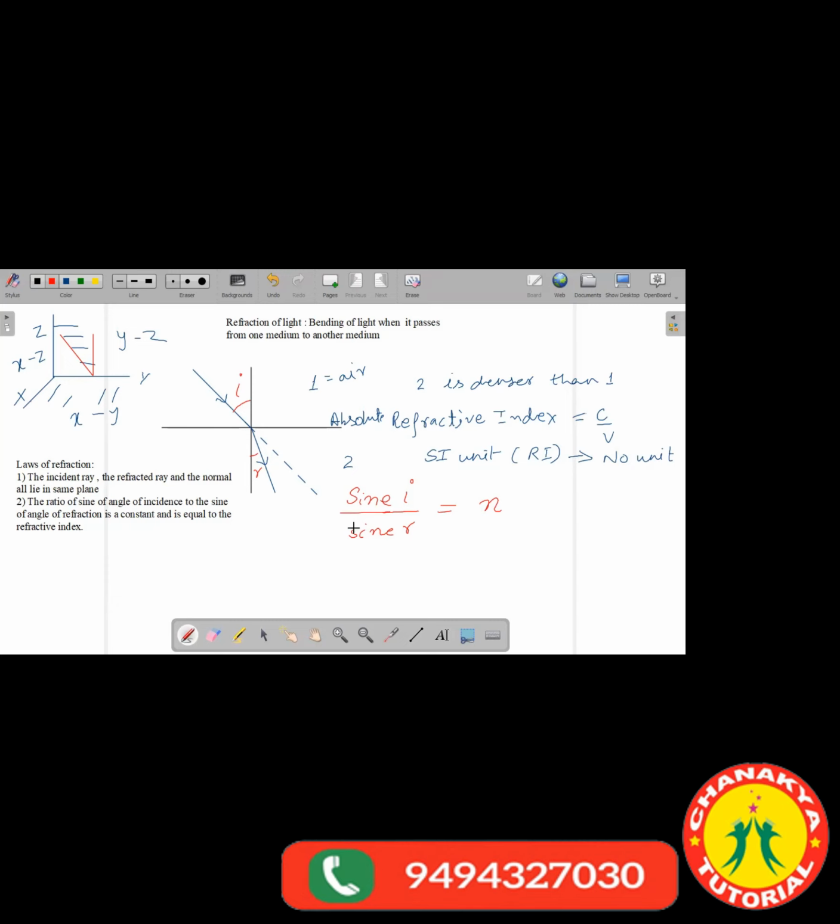Sine is a trigonometric function which you will learn in trigonometry in mathematics. So this ratio, sine of angle of incidence to the sine of angle of refraction, will be a constant, and this constant will be equal to the refractive index. Now this second rule has another name.